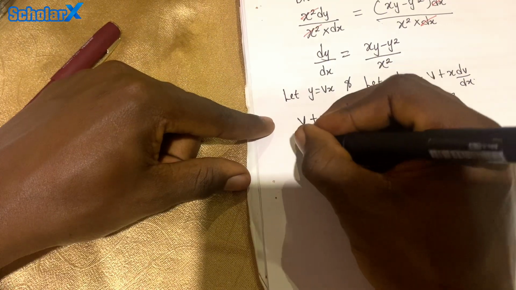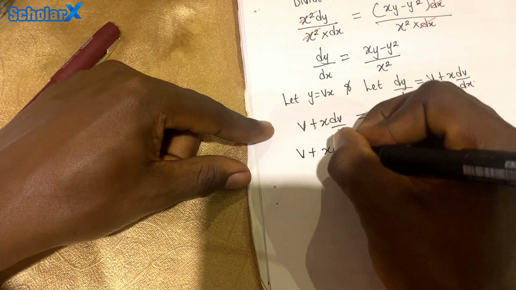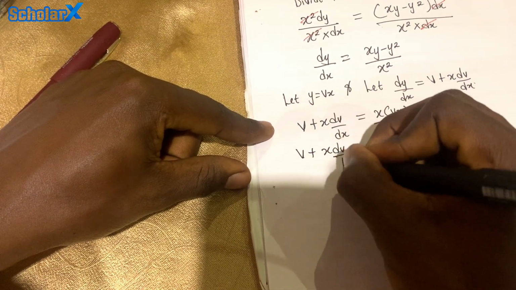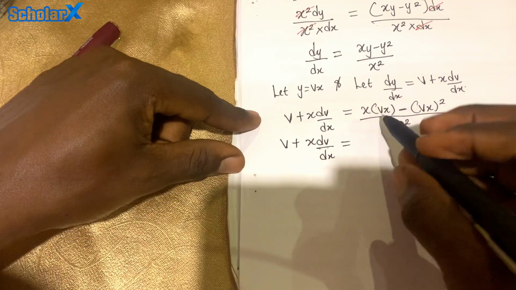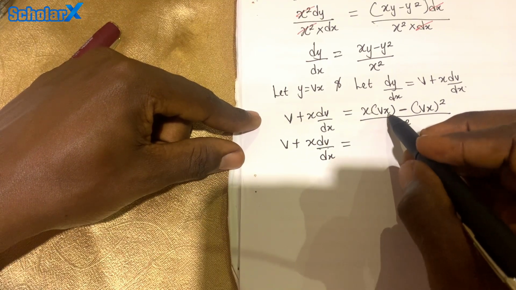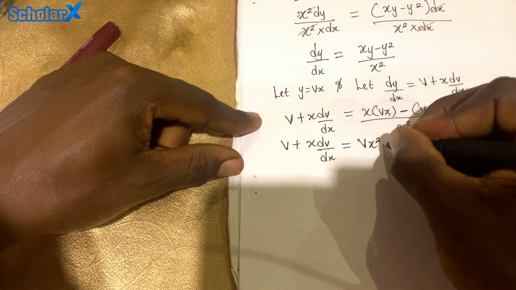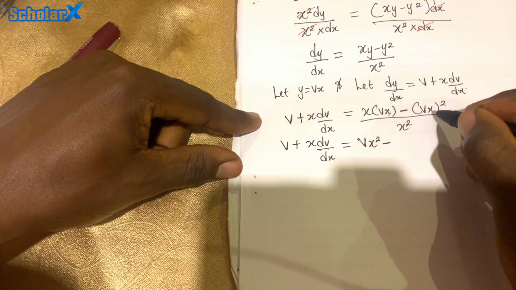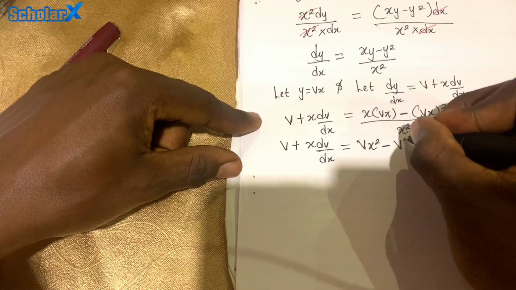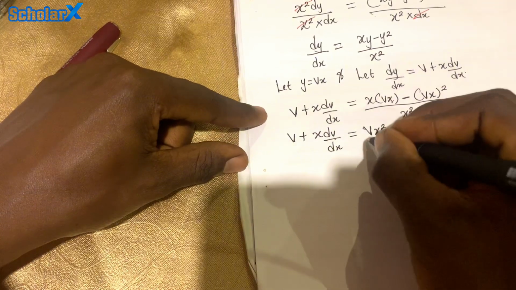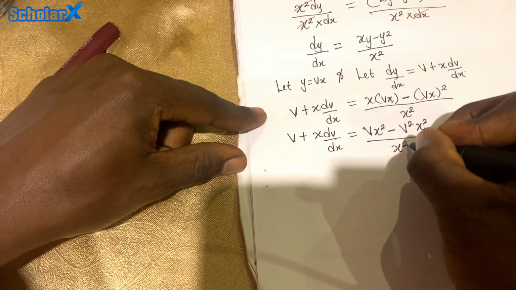So it becomes v + x dv/dx is equal to, now this x when multiplied by this, you are going to have vx² minus, this square affects v and affects x, so v²x², all over x².